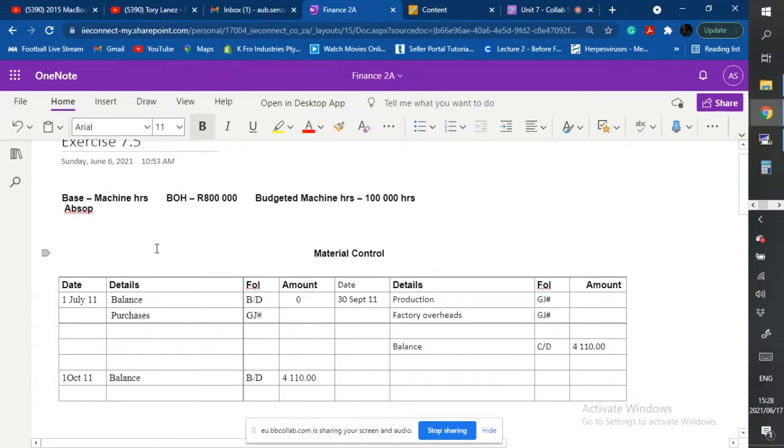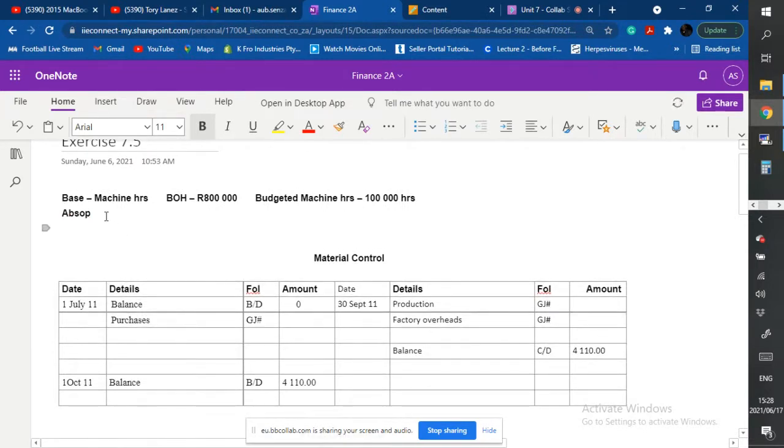Maybe that is wishful thinking. Absorption rate is then obviously 800 divided by 100, so that's 8 Rand per machine hour. So we have our absorption rate.